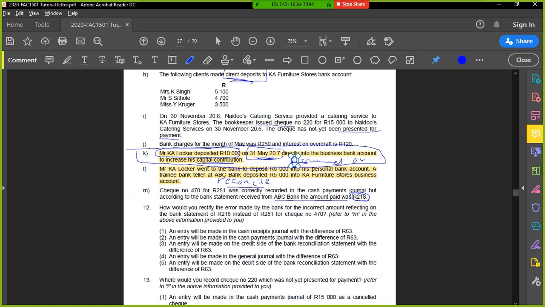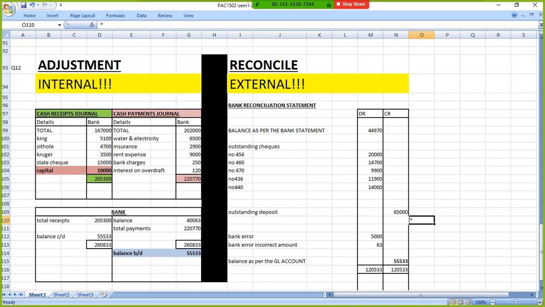Okay, what is this? Point K only said we deposited money. No mention that it was outstanding.